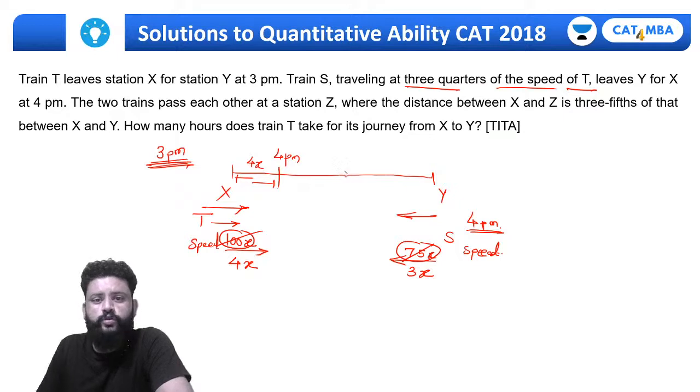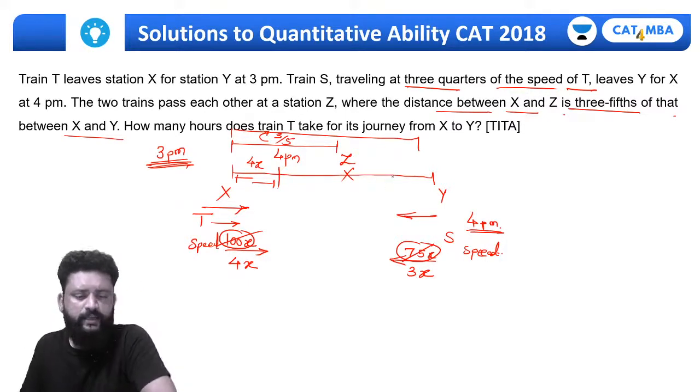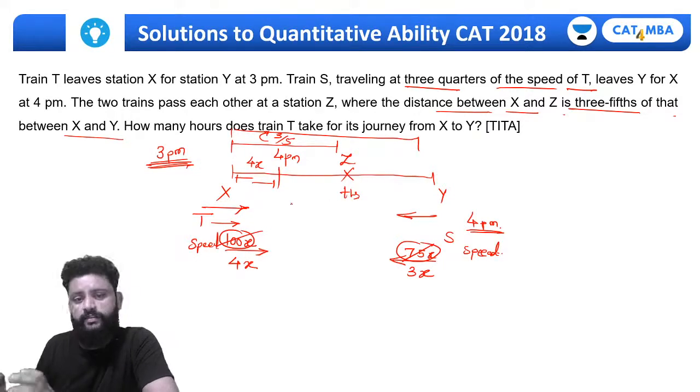Wherever they meet, at station Z, the distance between x and Z is 3/5 of the distance between x and y. So total distance x and y का 3/5, right? Anyway, we'll come to that later, but first let's say these two trains meet after time t hours, after 4 p.m.